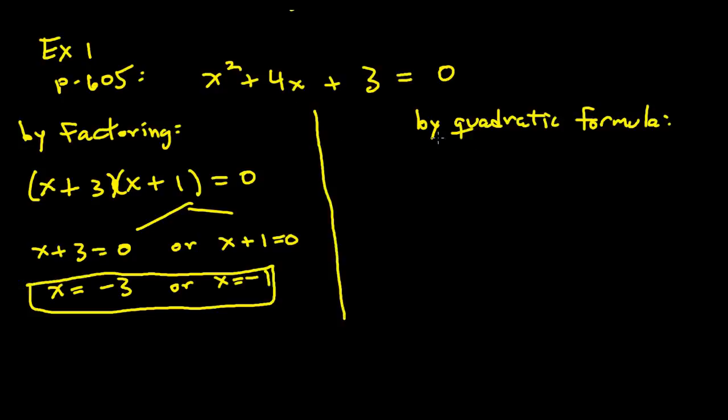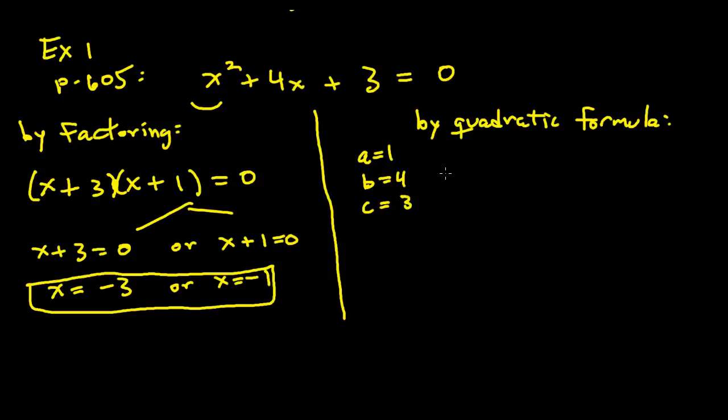By the quadratic formula, well, if it's in standard form, and it is, a, my lead coefficient, my x squared coefficient, is of course 1. My x coefficient, my b value, is 4, and my c value is of course 3.